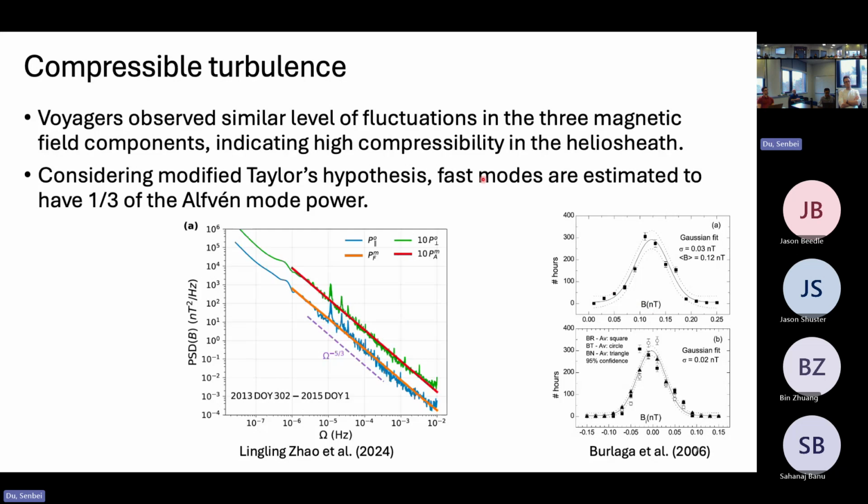We also run into the issue of Taylor's hypothesis, but if we try to take that into account, it was estimated that the fast mode has about 1/3 of the Alfvén wave power. That's done by this recent work by Ling Zhao et al. And so this is still highly compressible compared to the inner heliosphere, where the compressible modes are only about 10% of the power.